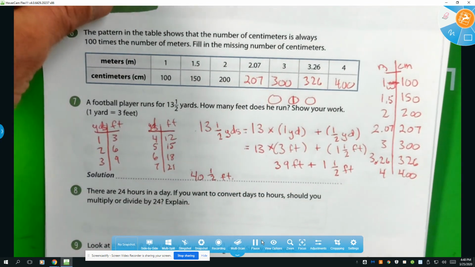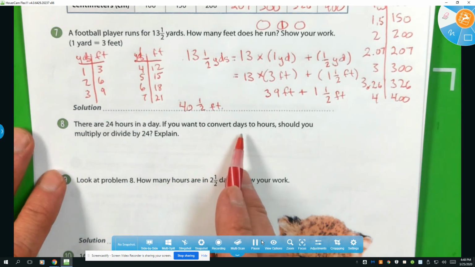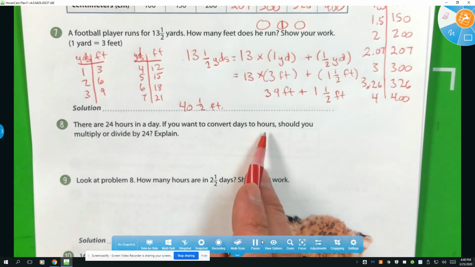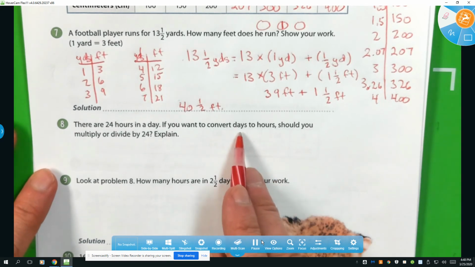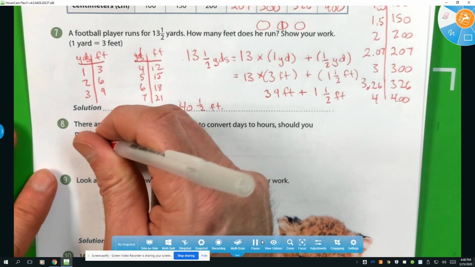All right, there are 24 hours in a day. If you want to convert days to hours, should you multiply or divide by 24? Okay, think about this for about 30 seconds. If I want to go from days to hours, think about this.